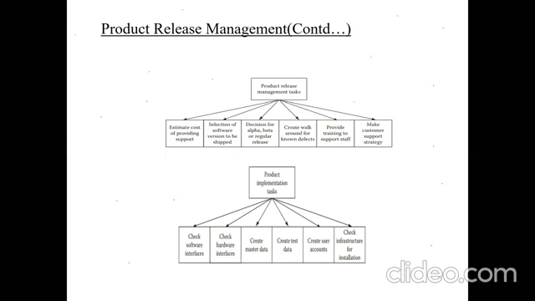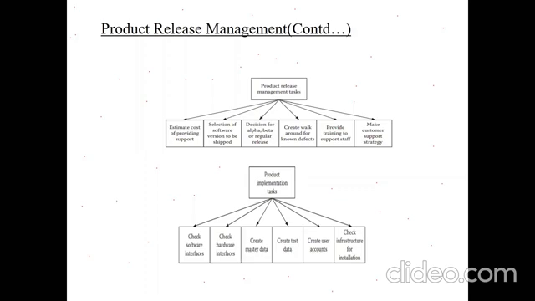I told you, if it is compromising the quality, they won't be giving it in the current build. So they'll be giving it for the next build. Next is a selection of software version to be shipped. And next is the decision for alpha, beta, or regular release. I told you already, what is alpha? Alpha, that is the company workers itself, they'll have an environment testing or acceptance testing.